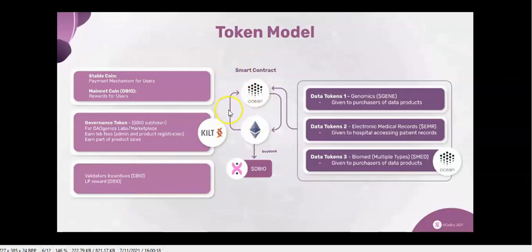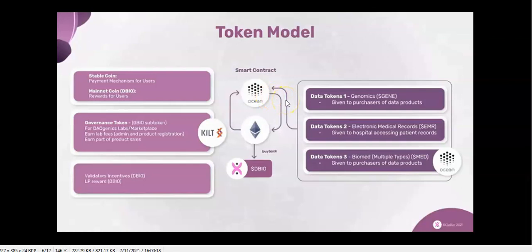So the Debio Network has a partnership with the Appchain data marketplace, which is based on Ethereum and the rest. It will use Kilt protocol for KYC stuff, which Kilt is all about. So there are three kinds of tokens. Sorry, there is data one token. One of the things you understand is that the Appchain protocol enables you to create data tokens.